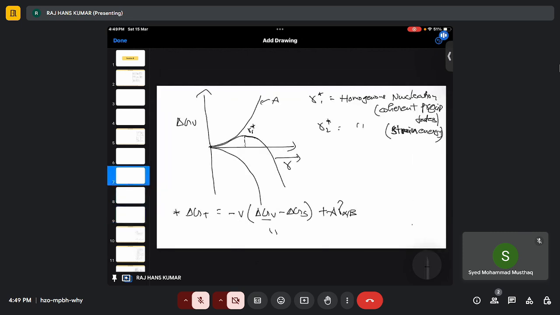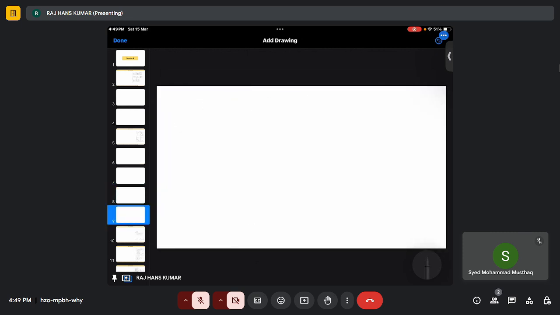So how will this diagram look? Let's draw this again. Delta GV, and this is my R star. Let's say this is my R square term.